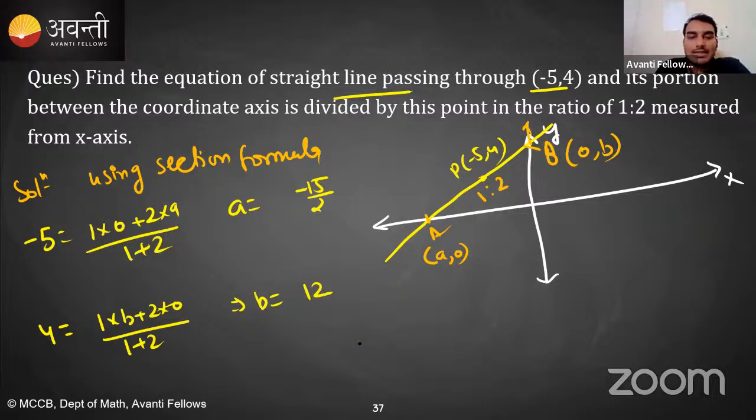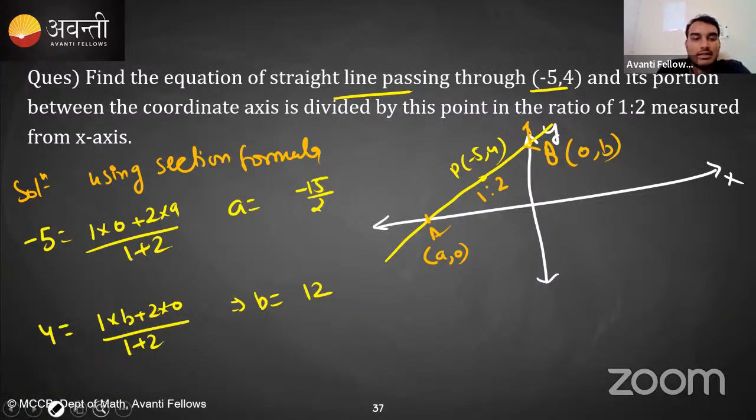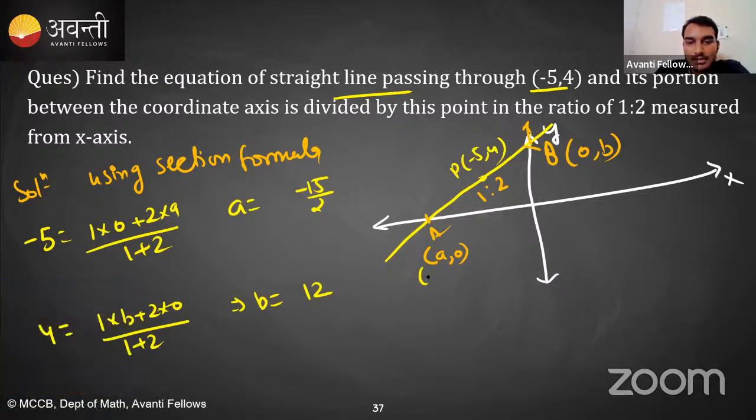Okay, so now you have understood the x-intercept. What is point A? Point A is (-15/2, 0). What is point B? (0, 12).